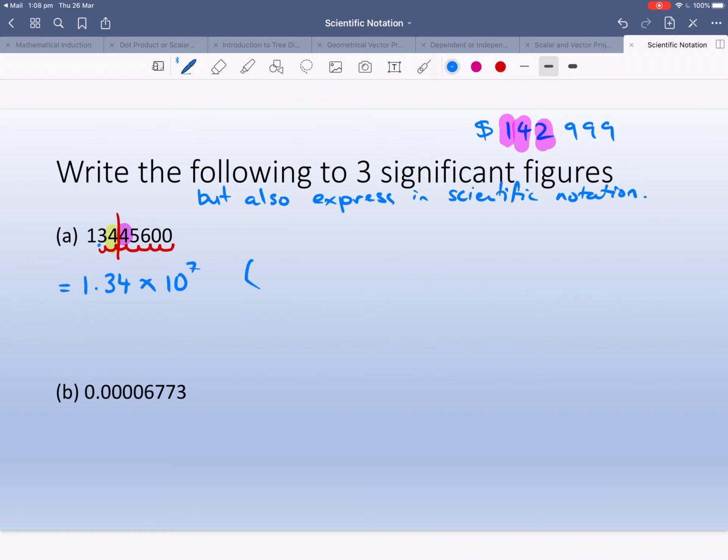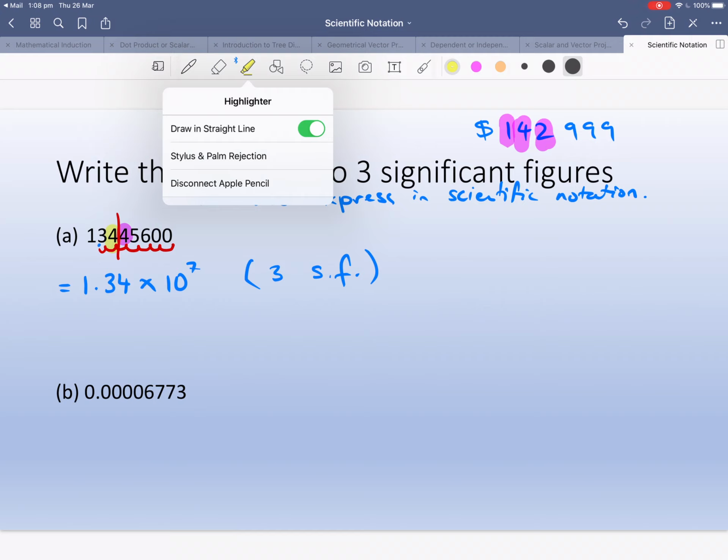And we show that we know how to round this by writing 3 significant figures, like we do with decimal places. Now with really, really small numbers, and sometimes that happens, like with the size of atoms or the size of microscopic hairs, the first three most significant figures are the first three non-zero.